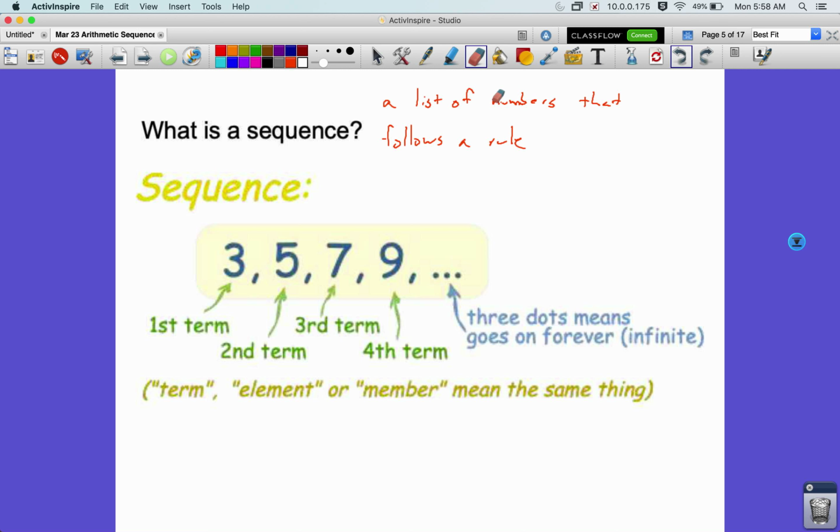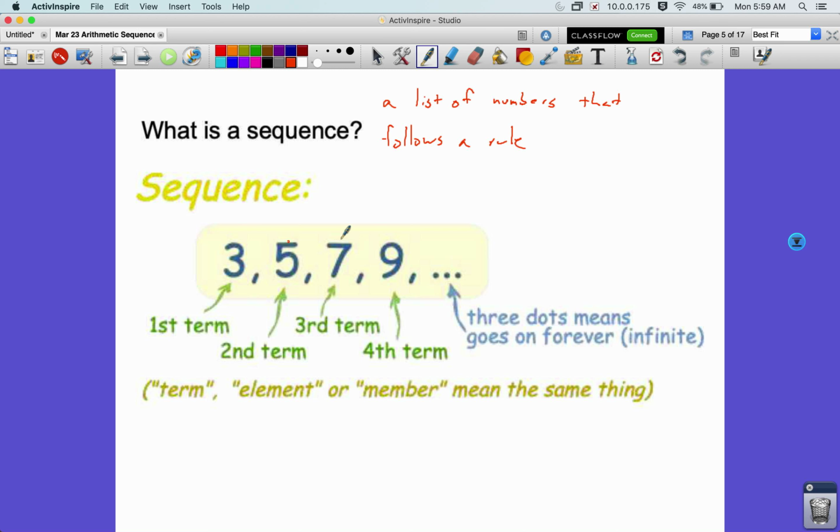And depending on what that rule is, it might be an arithmetic sequence, it might be geometric. I'll tell you what all of these things are very soon. So a list of numbers that follows a rule. So here we see an example of a sequence, 3, 5, 7, 9. These dots here mean that it goes on forever.